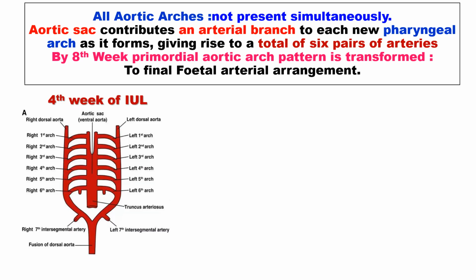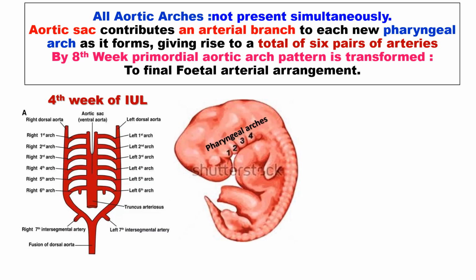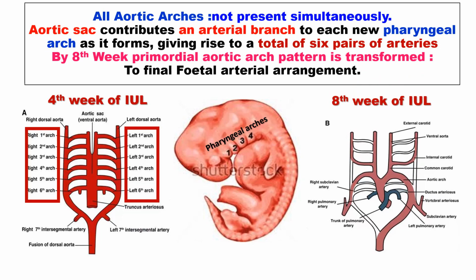All aortic arches are not present simultaneously, so the fourth week contributes an arterial arch which supplies a new pharyngeal arch as it forms, giving rise to a total of six pairs of aortic arch arteries, which correspond to six pharyngeal arches which are mesodermal. By the eighth week, the primordial aortic arch pattern is transformed into the fetal arterial arrangement.